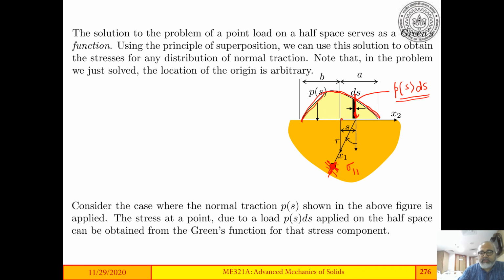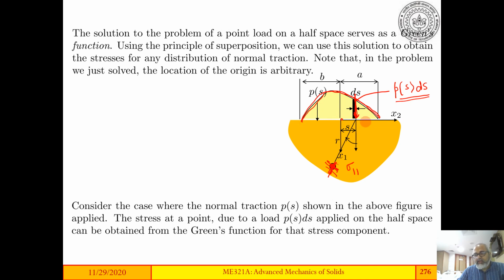If I want to do it for sigma 22, I have to do exactly the same thing. I have to take the Green's function solution first, then assume that the load is P(s) ds. So multiply the Green's function by P(s) ds to get the stress contribution due to this strip.